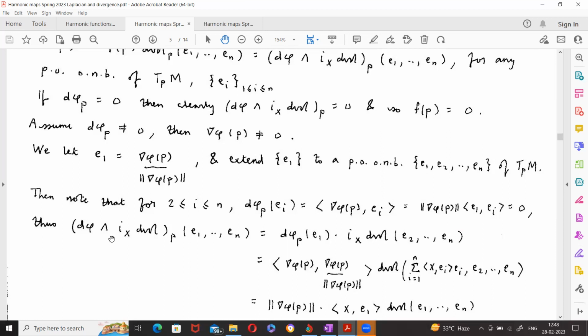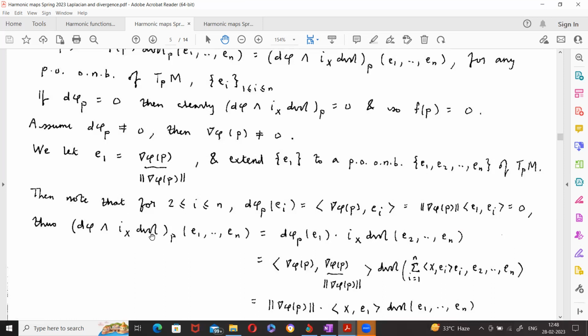That means basically I'll look at the tensor product and then apply that to all permutations of E1 to En, right? Now, the tensor product means the first vector will go into the d phi and the other n-1 vectors will go into ix dvol.